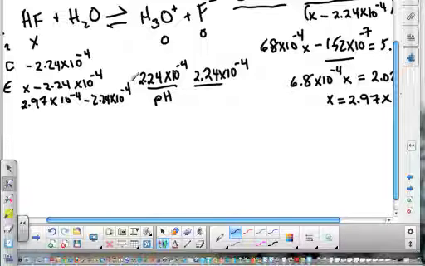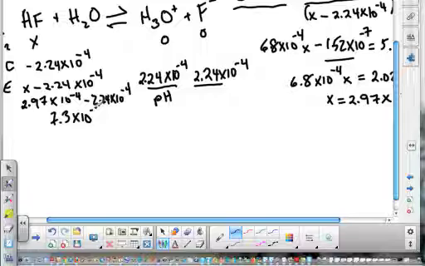And you end up with an equilibrium concentration of, doesn't seem right, let me do it one more time, 7.3 times 10 to the minus 5.